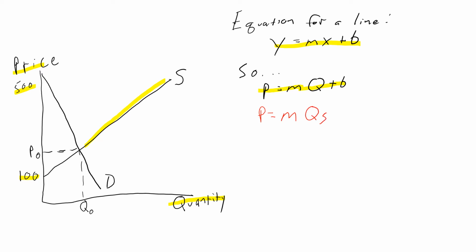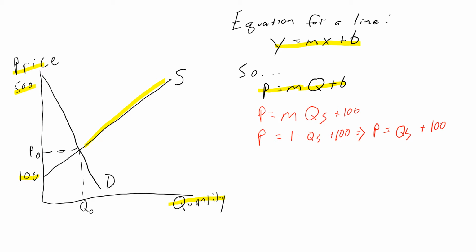Let's consider quantity supplied, plus the intercept for that term, which in this case would be 100. Now, let's just assume that the slope of that line is 1. So we'll have P equals 1 times quantity supplied plus 100, which is P equals QS plus 100.